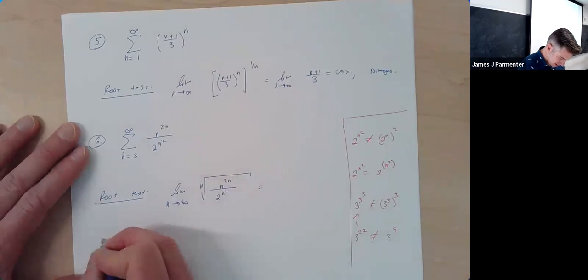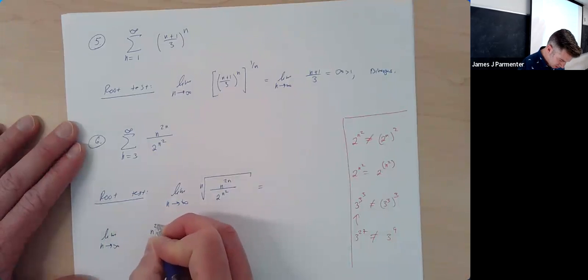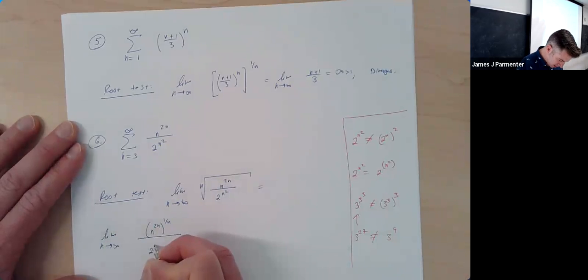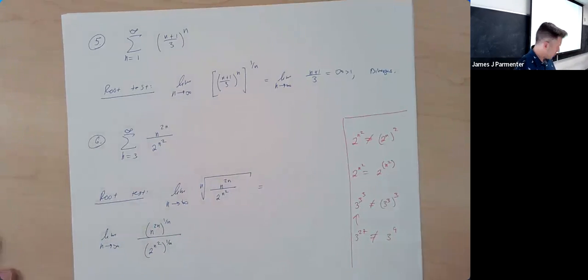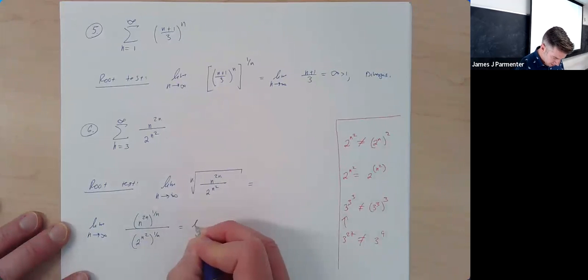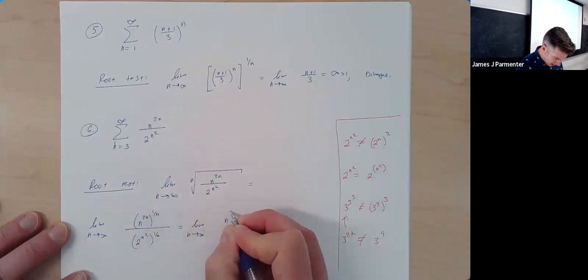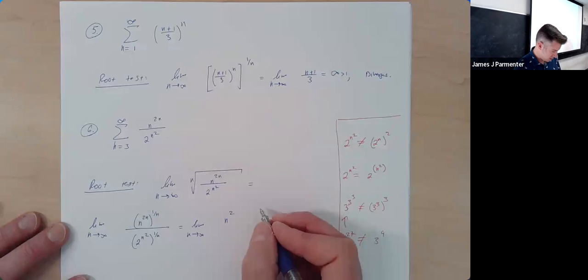If I start rewriting this, the limit as n goes to infinity of n to the 2n to the 1 over n power over 2 to the n squared, the 1 over n power. But now you've got something raised to a power, so you can multiply those powers. So this is going to be the limit as n goes to infinity of n squared, because 2n times 1 over n is just 2.